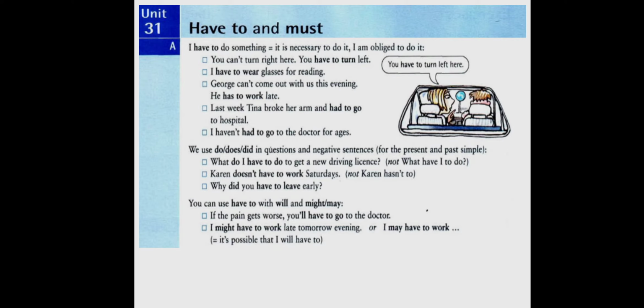In the case of must, we say I must study, you must study, he must study, she must study, they must study, you must study. We have the same form, must, with all the pronouns, with all kinds of subjects, plural or singular. Must is followed by the base form.